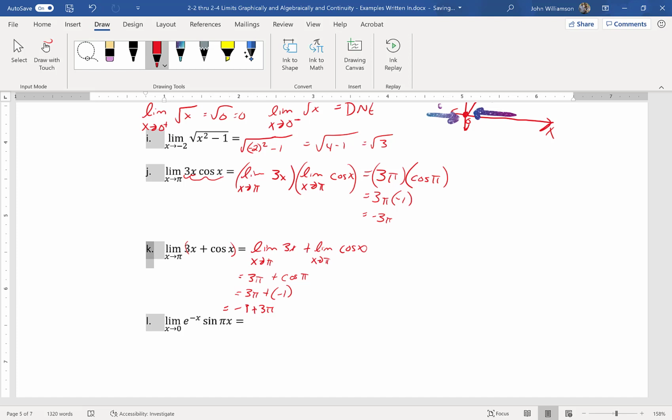And for the last one on this page, the limit as x is approaching 0 of e to the negative x times sine of pi x. So same idea, split it up into the product. So this becomes the limit as x is approaching 0 of e to the negative x times the limit as x is approaching 0 of sine pi x.